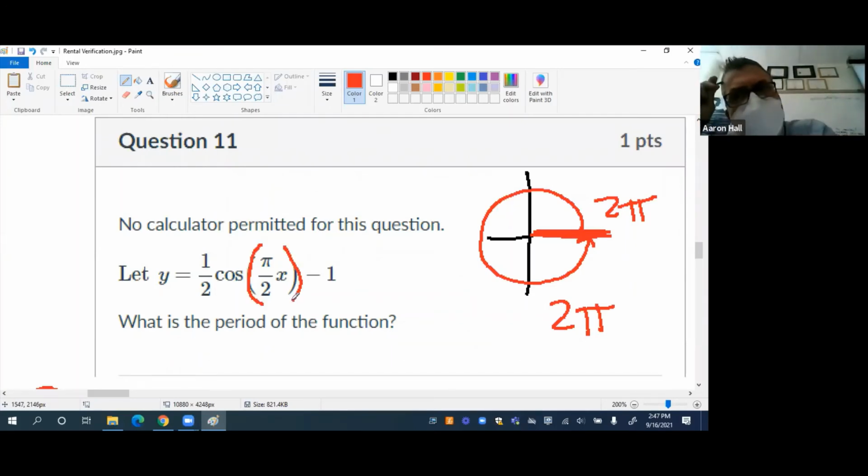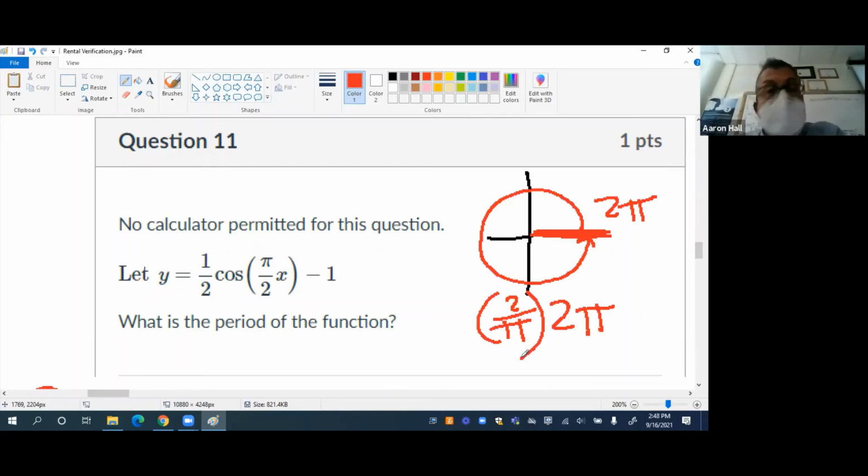We always have that funny business when we have parentheses, which is, yeah, 2 pi over pi. How about that? Or sorry, 2 over pi, right? Yes? Okay, which would give us what? 4, so it's 4. It sounds like Fernanda has the equation memorized.